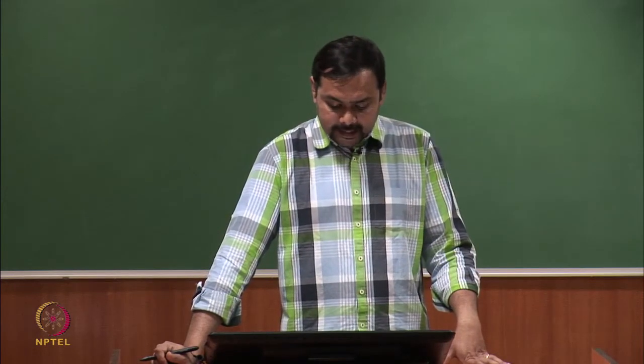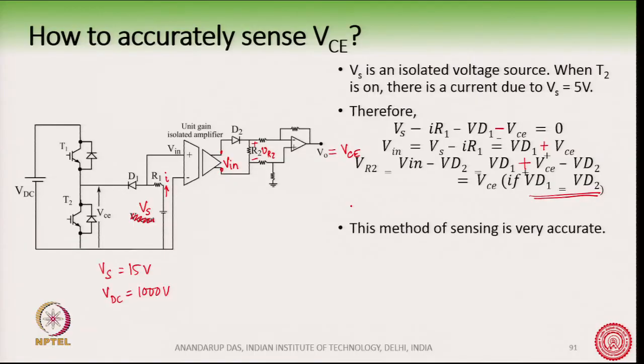It is a power circuit, so a lot of switching is happening and a lot of noise is there, so accurate sensing of VCE is very important, and this accurate sensing is possible in this circuit. So, this voltage V0 is equal to VCE without these drops VD1 and VD2. You can also have additional noise eliminating filters in this circuit, so that you get a very accurate value.